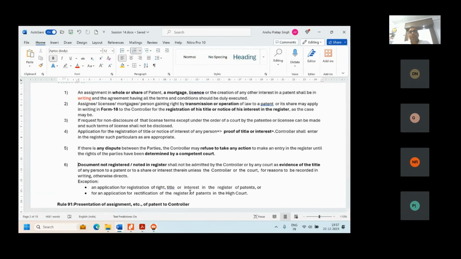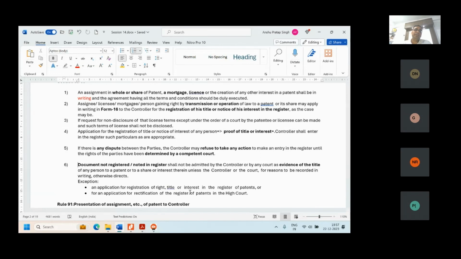Another is, suppose you have this document and you want the register of patents to be rectified and you have approached the High Court. Then this unregistered document will be taken as evidence by the High Court. Otherwise, in any other proceeding, it will not be taken as evidence. Now, for example, you got it assigned to yourself, but you didn't register. Someone infringed the patent.